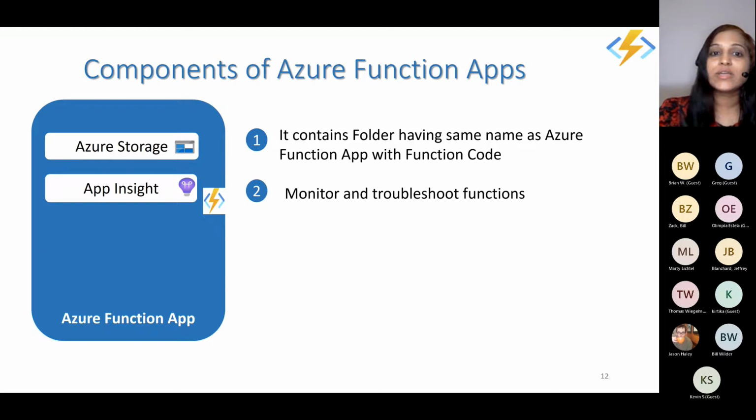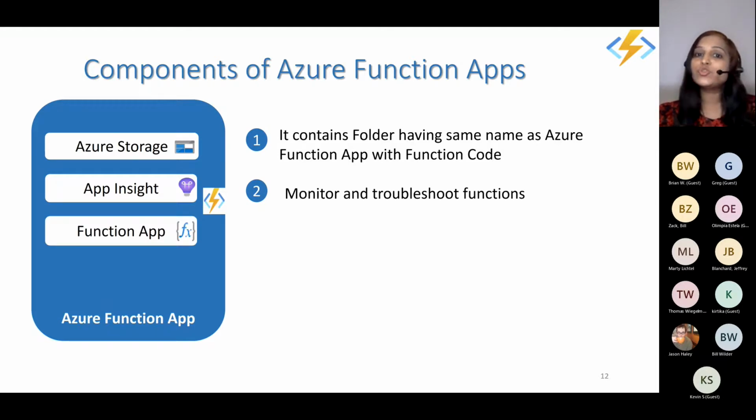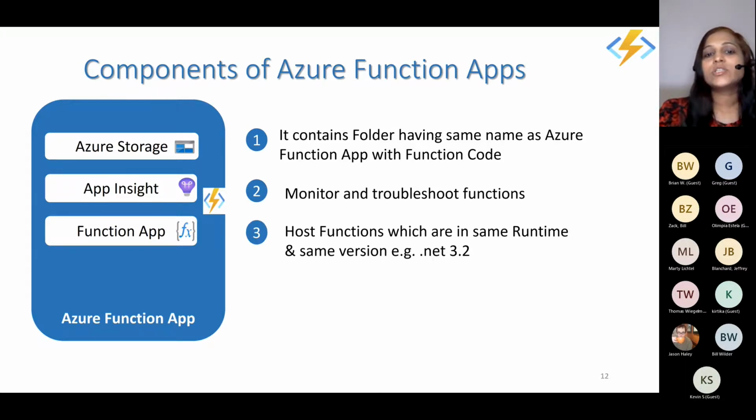The third one is the function app. Here you are actually creating your functions in a function app. It hosts your functions, which should have the same runtime and the same version. For example, if you have three functions in your function app, then all three functions should have the same .NET version, whatever version you choose, and both runtime and version should be the same.